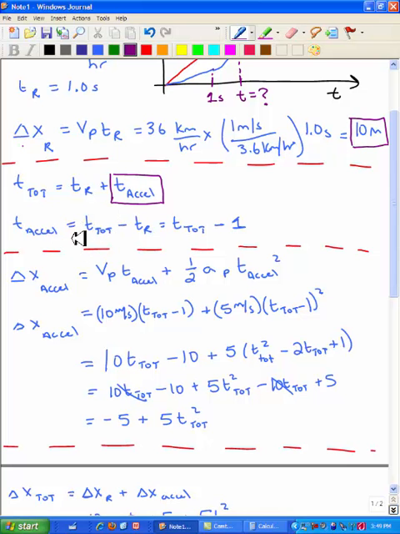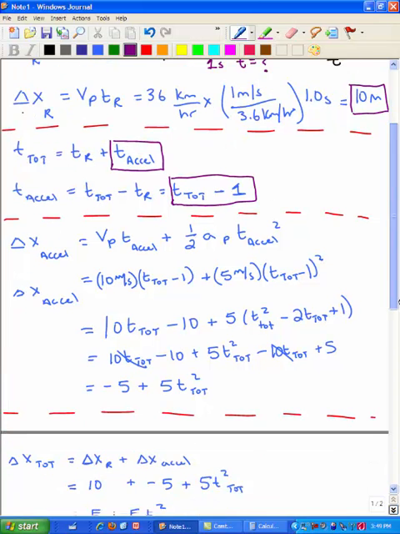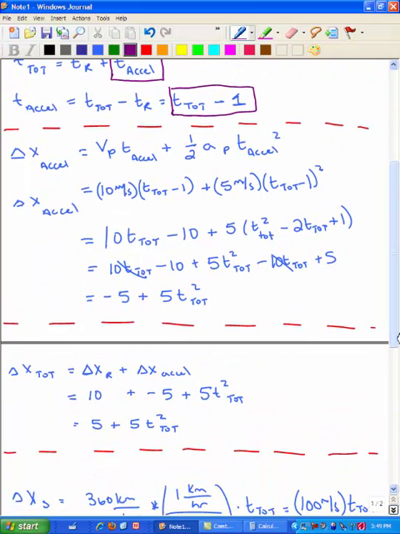and getting the following. T acceleration equals T total minus the reaction time. We plug in the value for the reaction time and we get the following expression, T total minus 1. Next, let's set up the acceleration equation for the police car. It's your favorite, the long nasty one. Delta x equals the initial v t plus 1/2 a t squared.